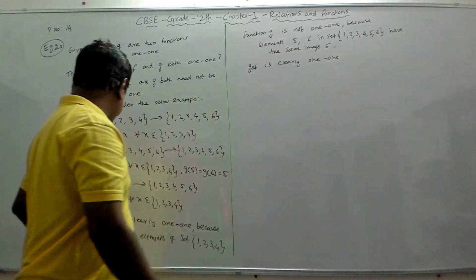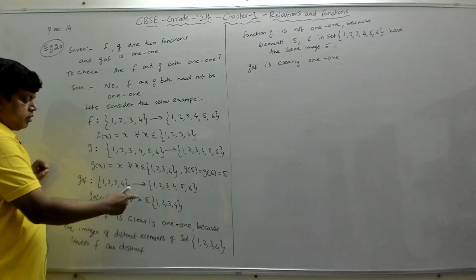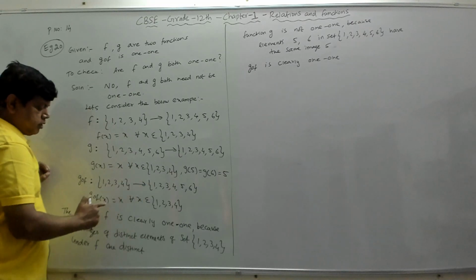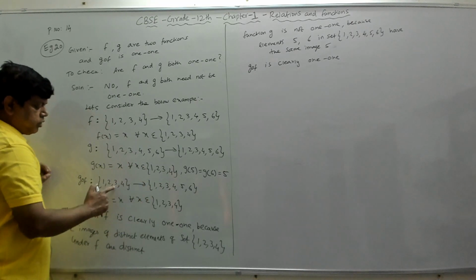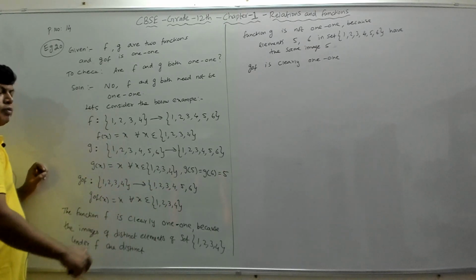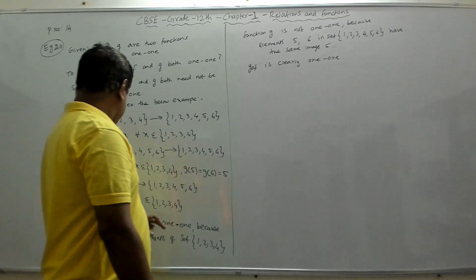G of F is 1 to 1 because G of F of x is equal to x for every x, which means 1 is mapped to 1, 2 goes to 2, 3 goes to 3, 4 goes to 4. Right?